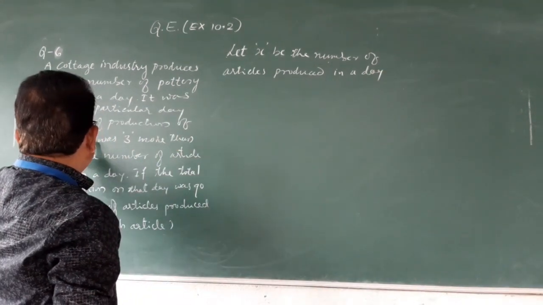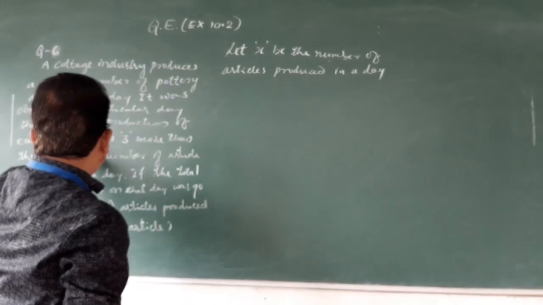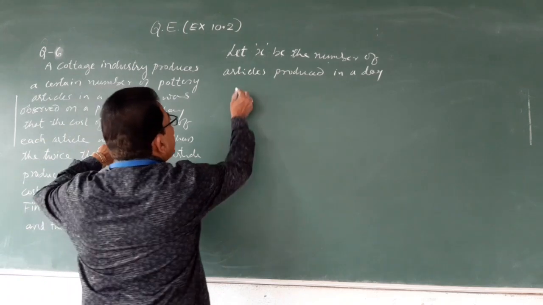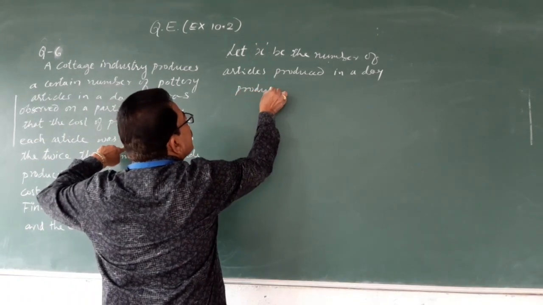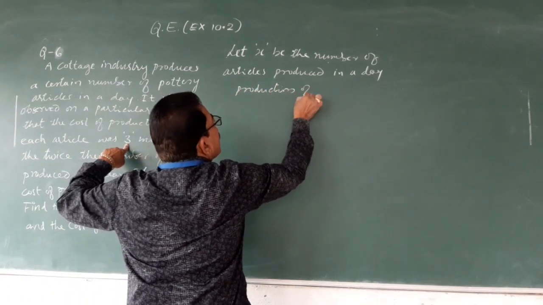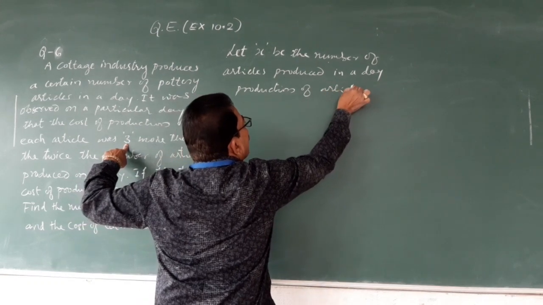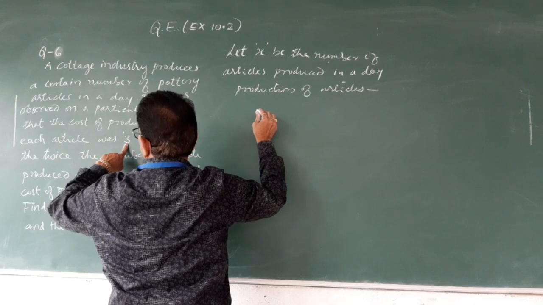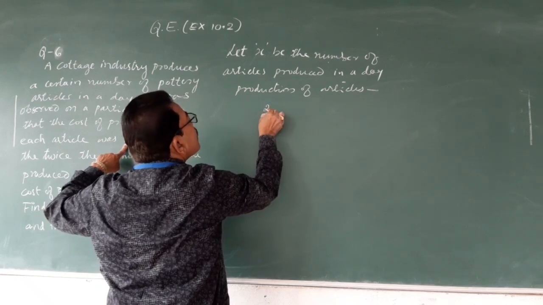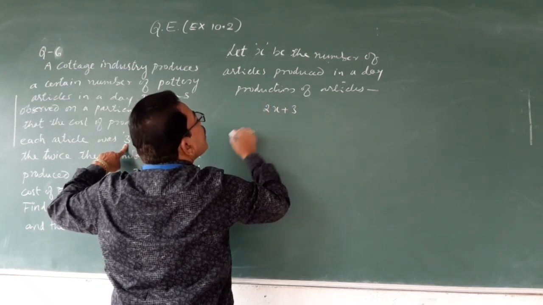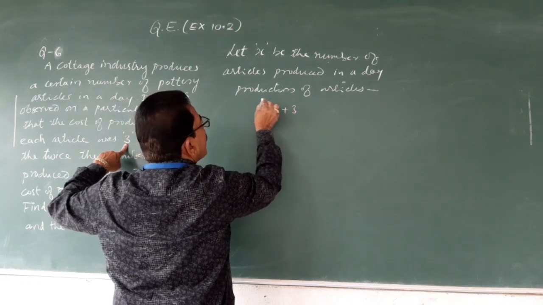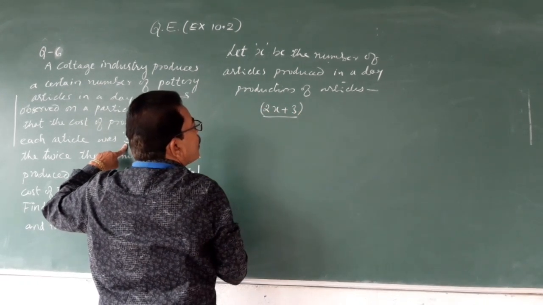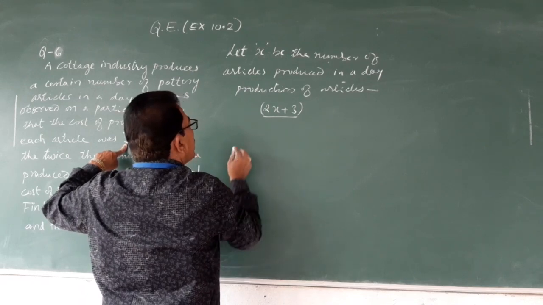Then the production cost of each article was 3 more than twice the number of articles produced. That is 3 more than the twice, it is 2x plus 3.